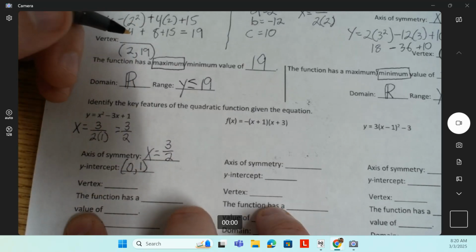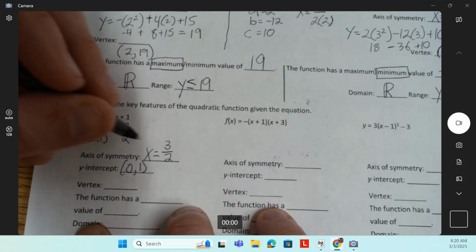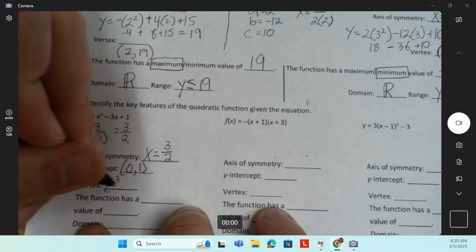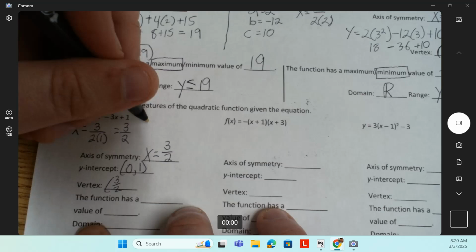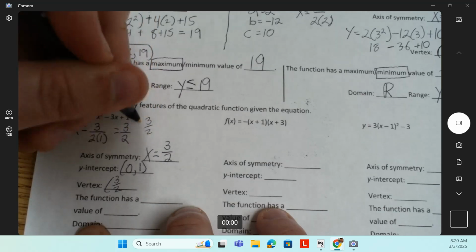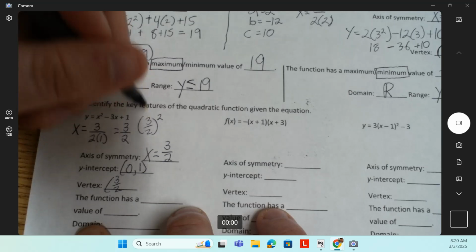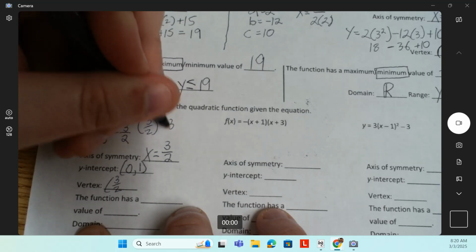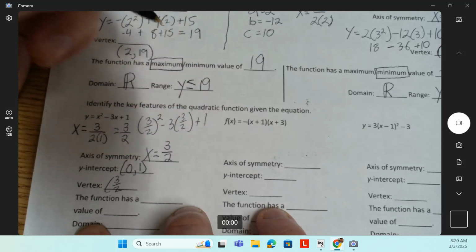Then to figure out our vertex, we have an x value of 3 over 2. And we're going to plug that in to the equation. And so 3 over 2 squared, which would just be 9 over 4, minus 3 times 3 over 2 plus 1.